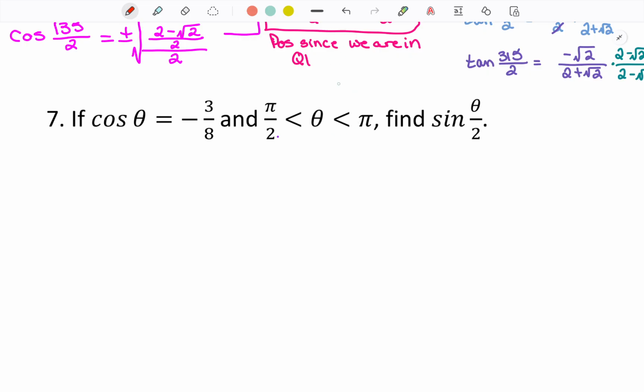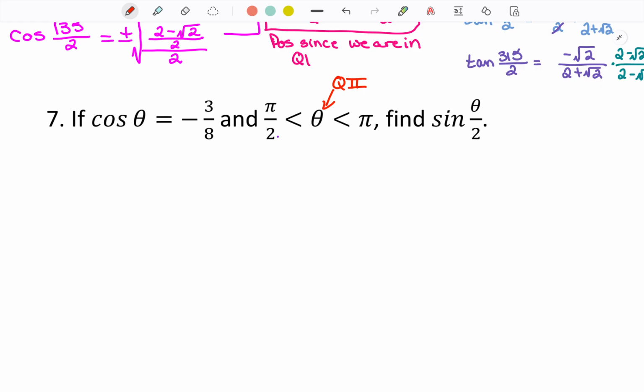Currently this would put us in quadrant 2, but just because we're in quadrant 2 doesn't mean that we can cut it in half and determine what quadrant we're in. So you always have to cut the values on the outside of the inequality in half as well.